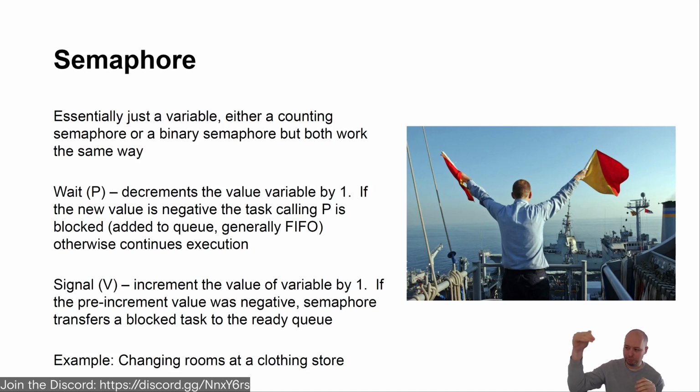So you can imagine you can go pretty negative. Say you have a binary semaphore and you have 5 different tasks trying to access it. Well, you're eventually going to go down to -4 because they're all asking for it, right?